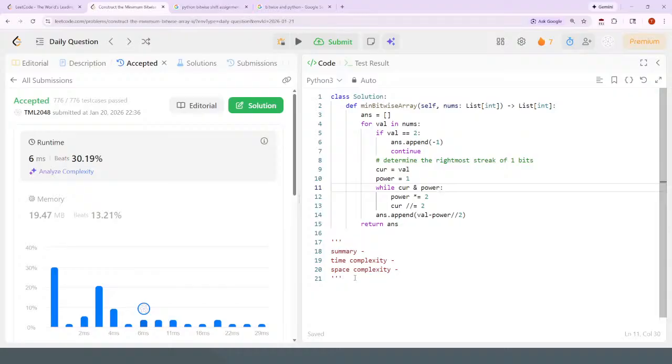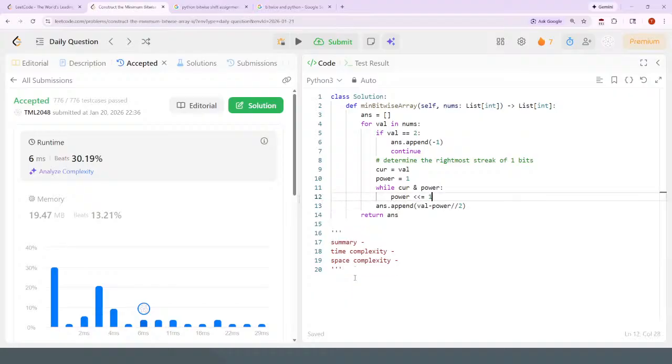Yeah, current ampersand with power, then power shifted over by 1, left shift by 1. And power is the actual quantity that I want to reduce. Maybe power divided by 2 here, actually.